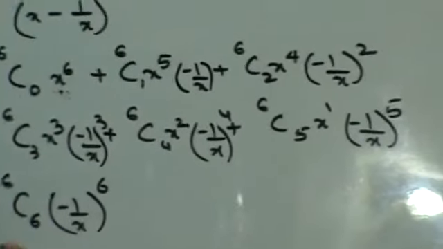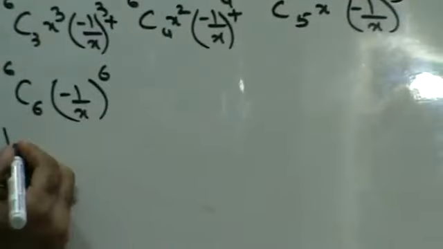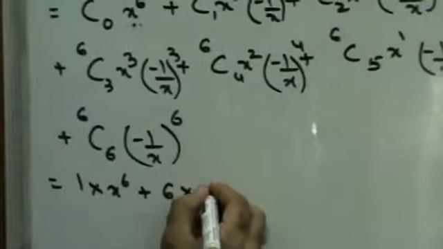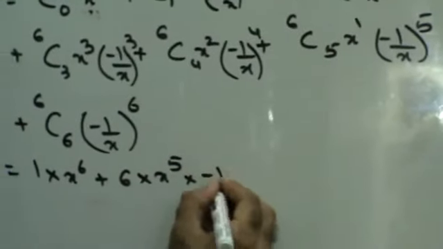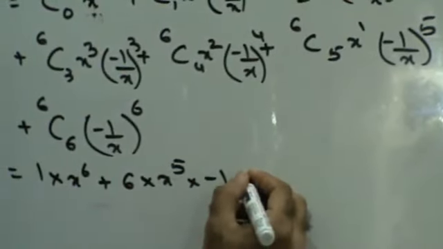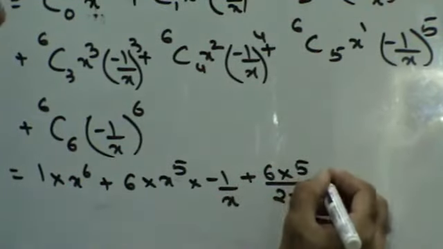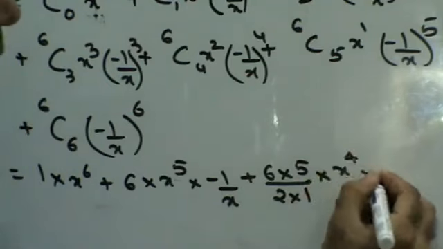If I expand this, C6 of 0 is 1 into x raised to 6 plus 6 into x raised to 5 into minus 1 upon x plus 6 into 5 upon 2 into 1 into x raised to 4.